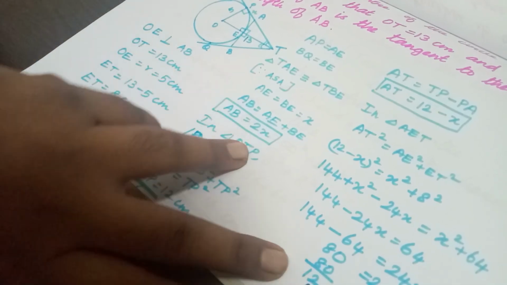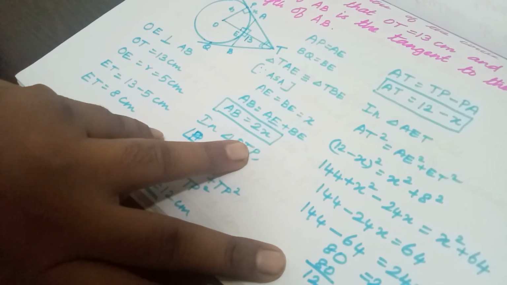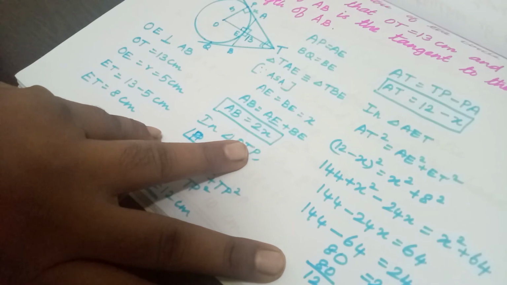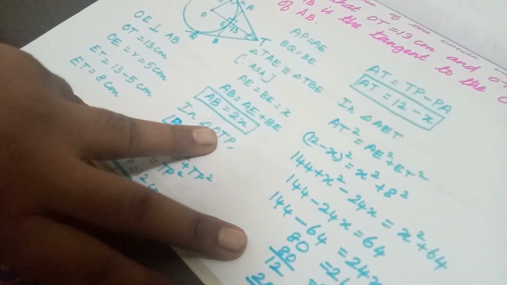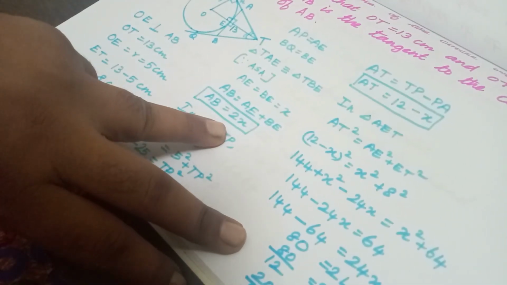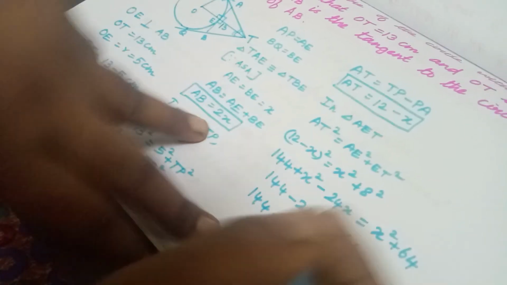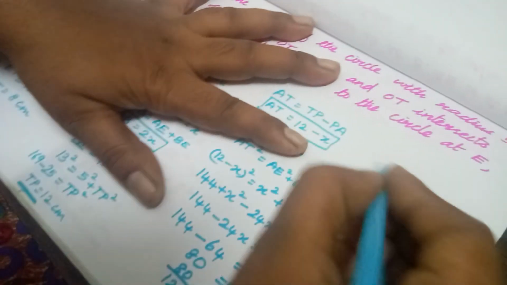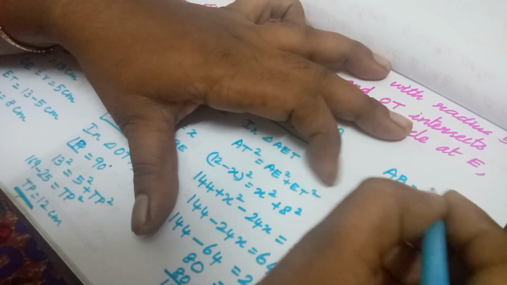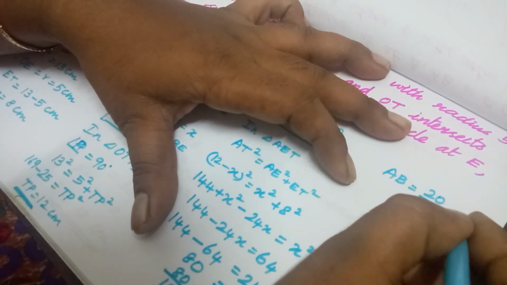Cancelling by 4, we get 20 by 3. So 2x, which is needed, is our AB. So the length of AB is 20 by 3 centimeter.